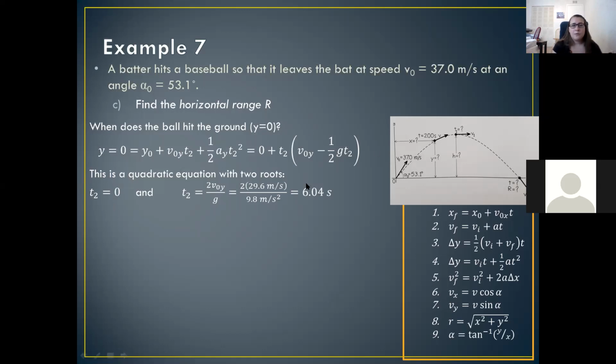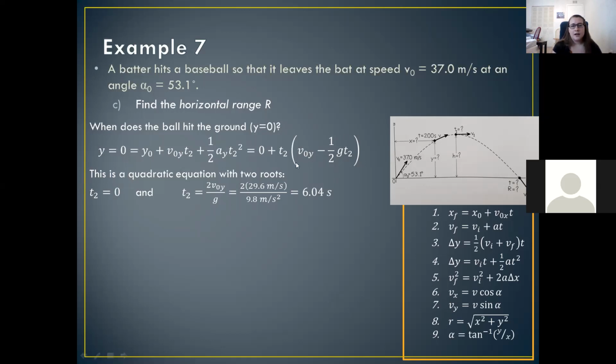So now we need to figure out what other value of time would give us a 0 position. Right? And so that would be like looking inside the parentheses here and figuring out where v0y is basically equal to 1/2 g times t.